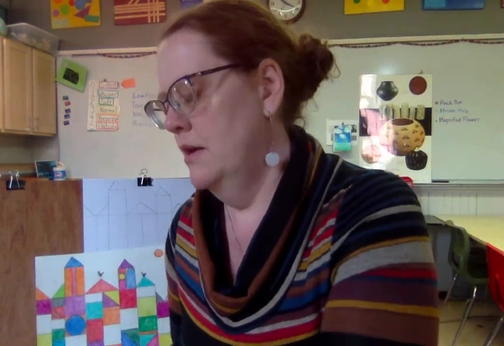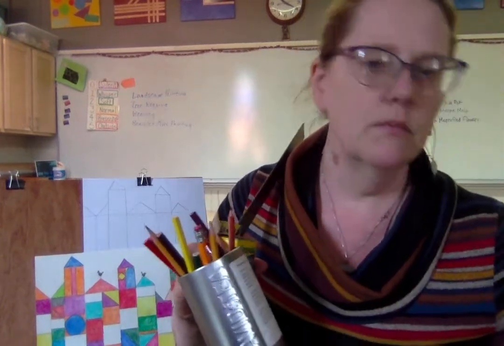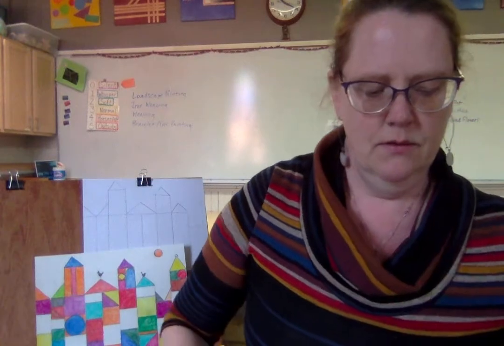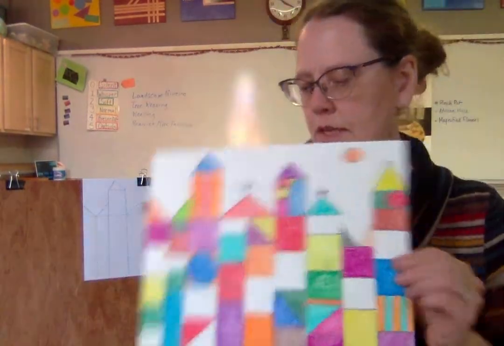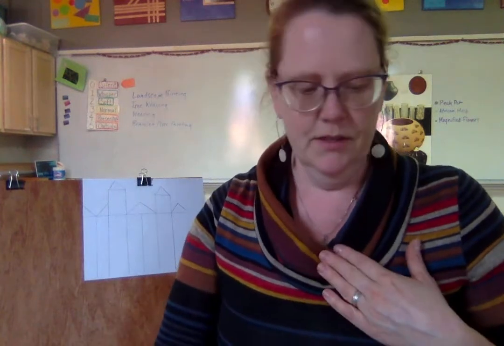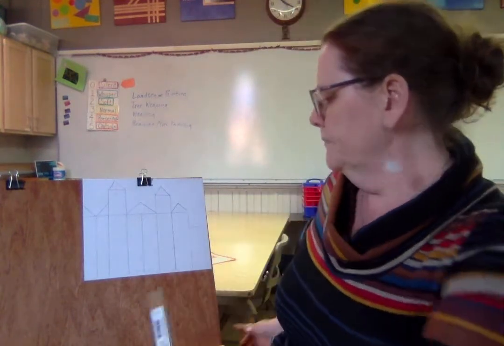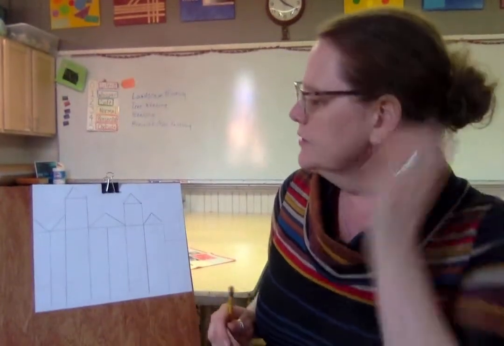So in our lesson, you'll need a ruler, some crayons, some pencils, some watercolor, and we are going to sketch out a drawing much like this. Now I started to save some time on this one, and I'm going to explain what I would like first.